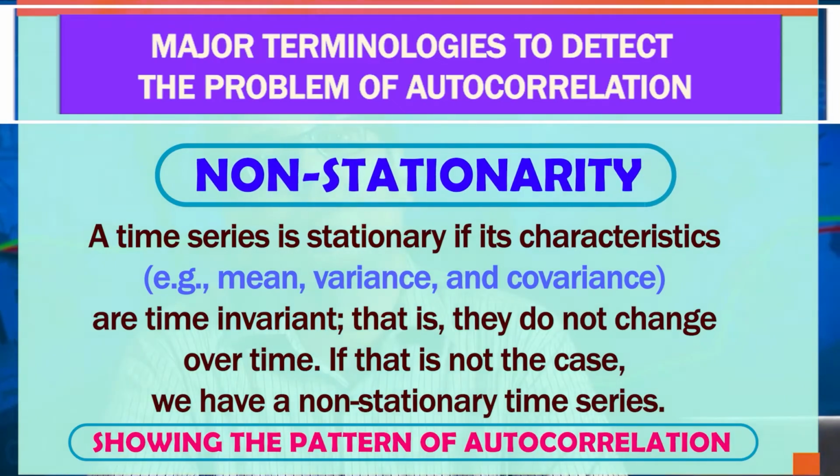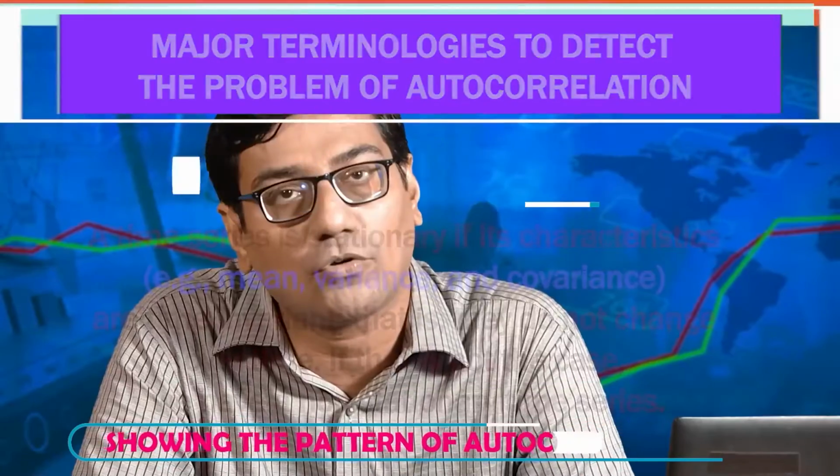So here we observe the particular sources of autocorrelation, which mainly arise from the presence of lags, the cobweb phenomenon or manipulation of data, or we invite the term non-stationarity in the data set, or it can be due to misspecification or any kind of inertia that the variable is already having.